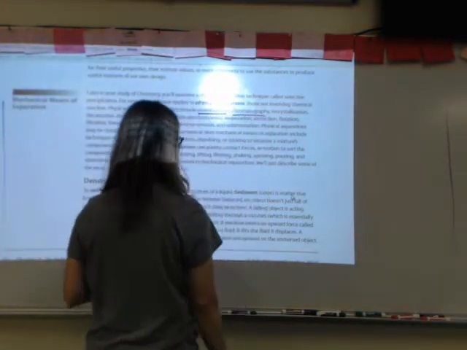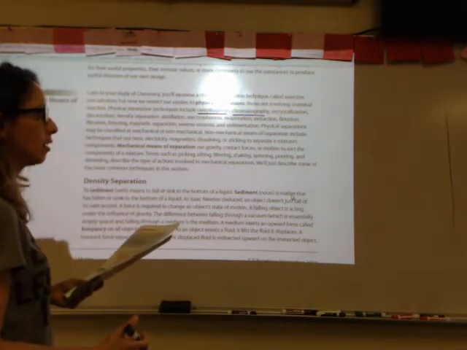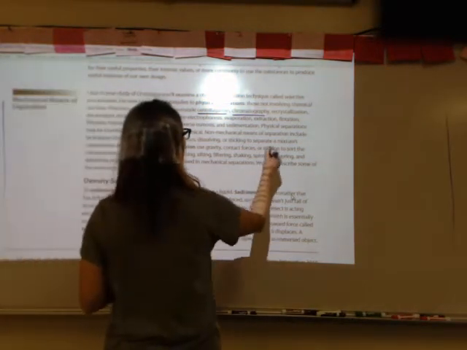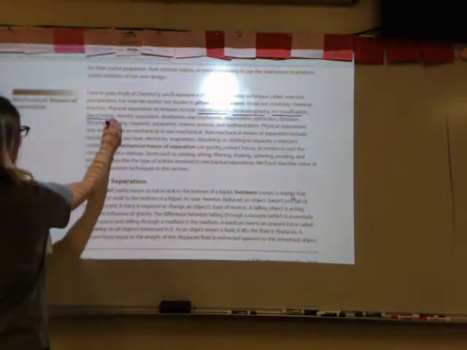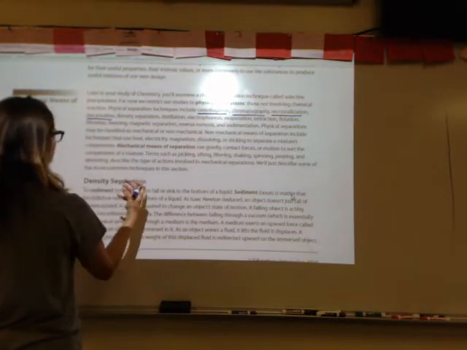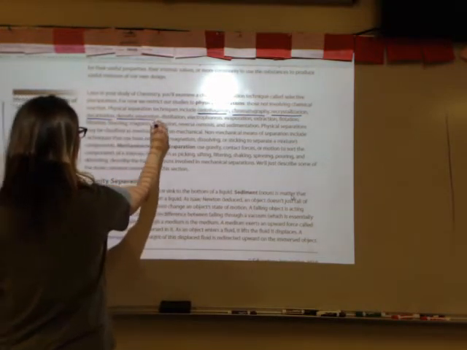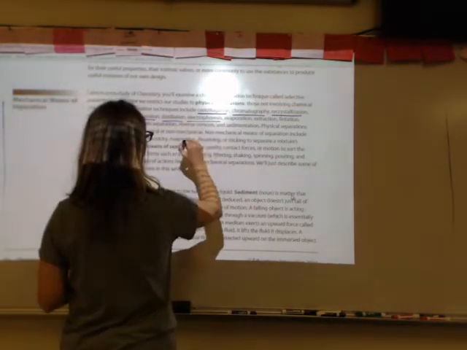And we've got chromatography, which is where you let mixtures separate based upon polarity. And recrystallization, decanting, that's where you pour off a liquid that's on top of some solid mixture that's at the bottom. Density separation, distillation, that's where you separate by boiling point.